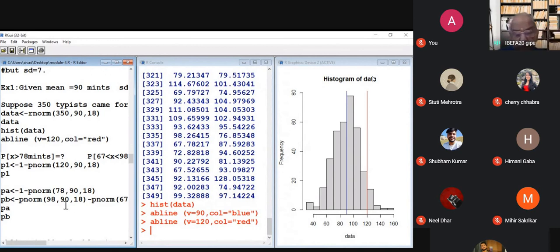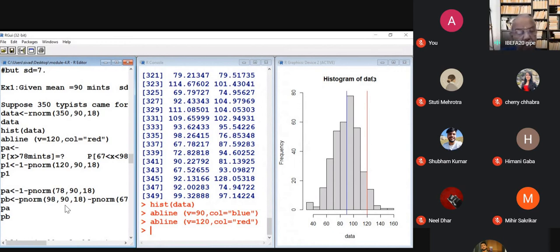The probability for the first option will be PA, above 120 minutes. Can anybody tell me the syntax?